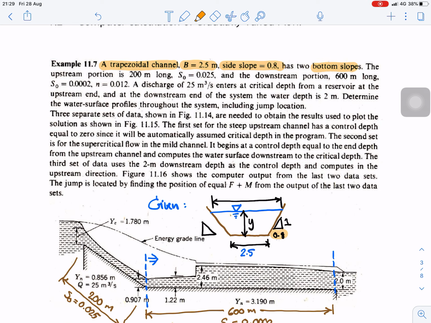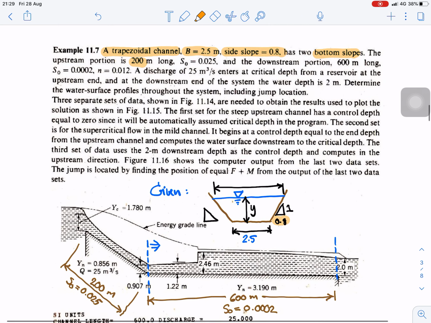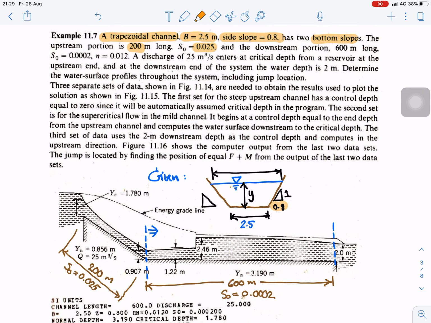The upstream portion is 200 meters long, and the bottom slope is 0.025. The downstream portion is 600 meters long, and the slope is 0.002.